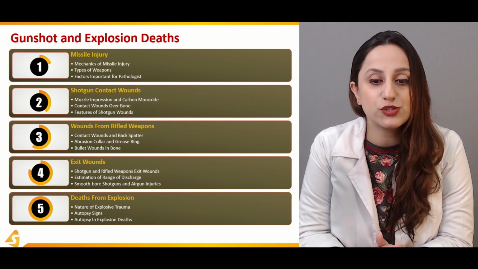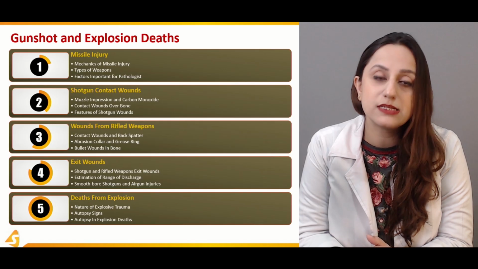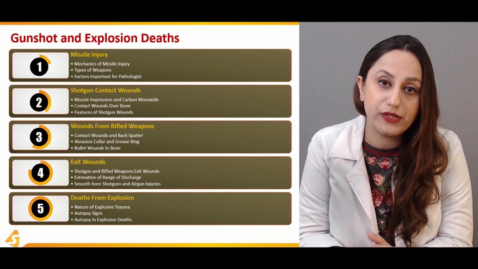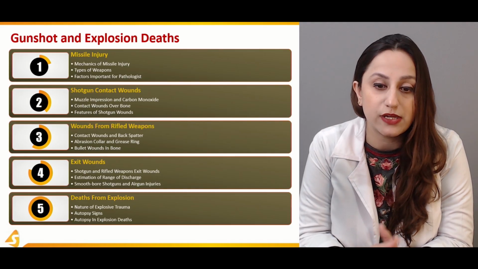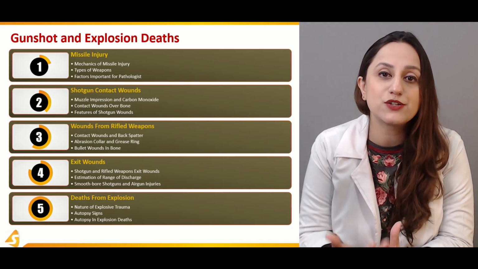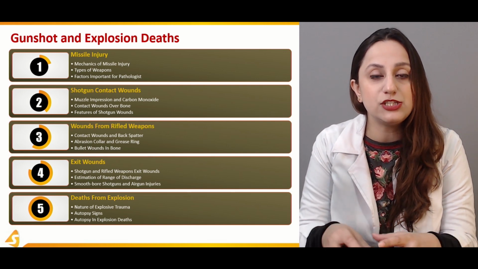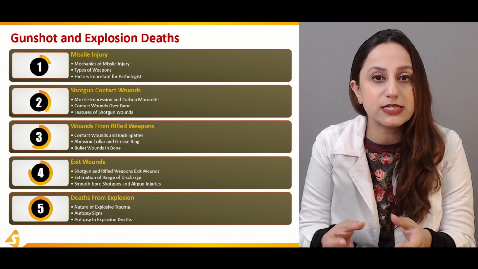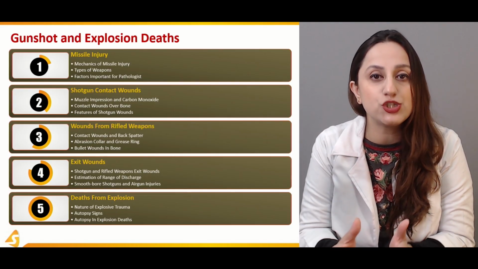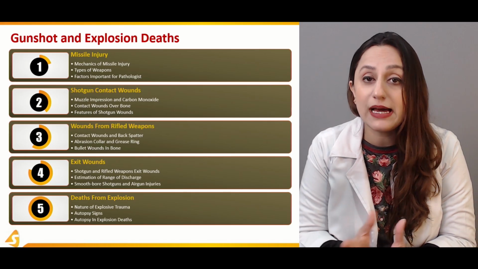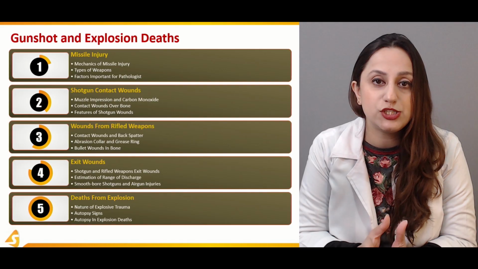Then in the third section, we'll be discussing the wounds from rifled weapons. Again, it is very important to know the range of the gun. The contact wounds have different features here, and then we have the back spatter phenomenon. That means that tissue characteristics will be found inside the gun. Even blood and some amount of tissue can be found in the gun, but that only happens when close contact takes place with the tissue.